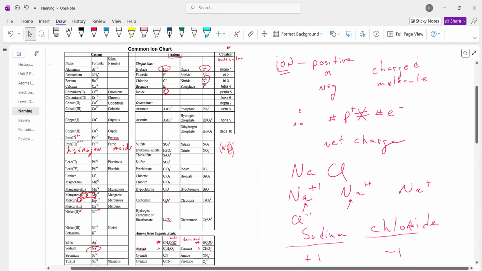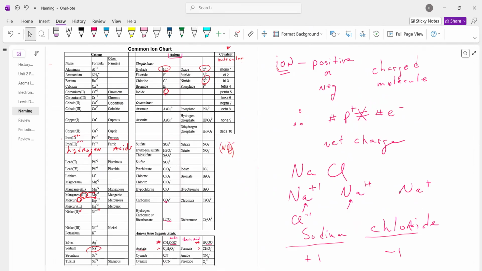Now I mentioned that on the anion side, there are some complex anions, multi-atomic. Because we live in an oxygen environment, you have a lot of oxygen variance. Oxygen mixes with everything. Uranium is a big deal in the news right now because of the war. Well, uranium doesn't come as uranium when you mine it.